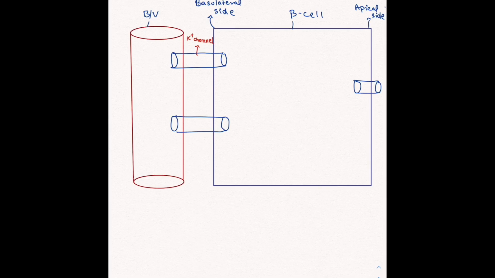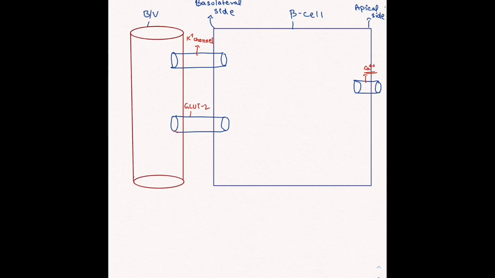And this is the GLUT2, and this is the voltage sensitive calcium channel.